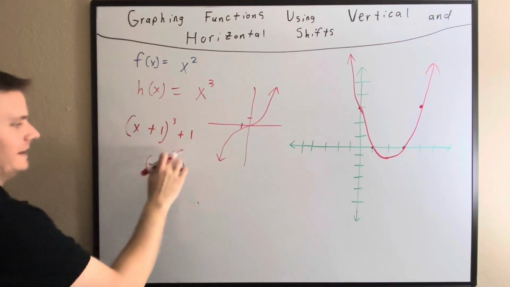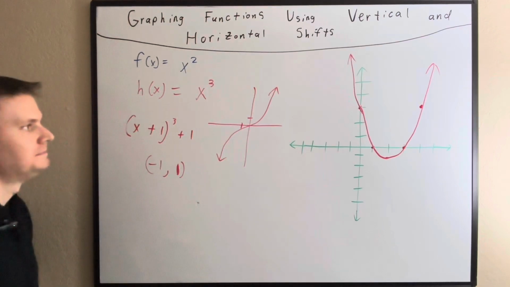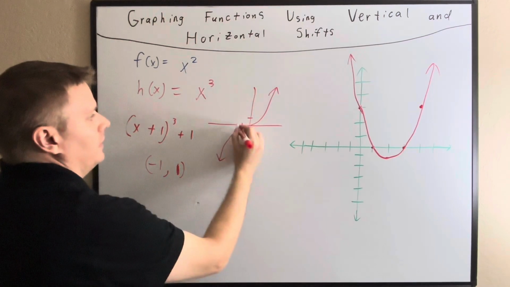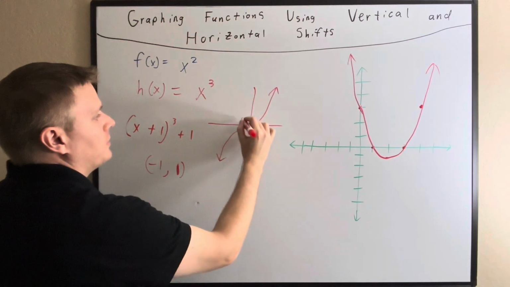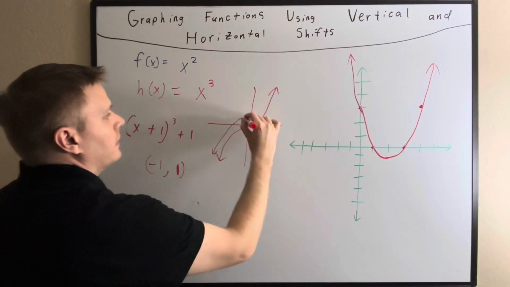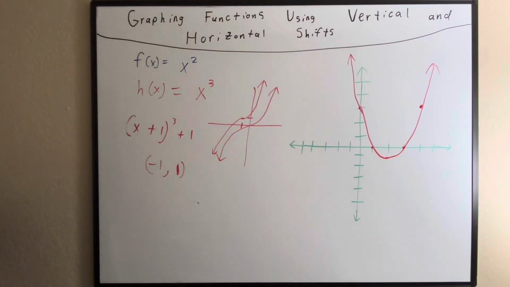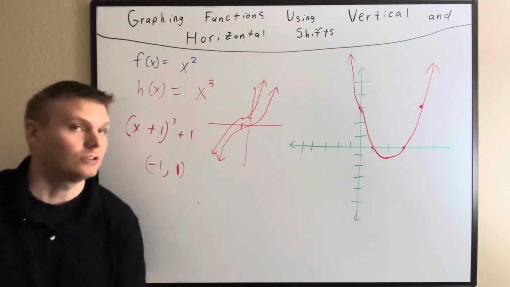Opposite, not opposite. Opposite, same. So up 1 over 1, that same origin point does the same thing both directions. And that is how you graph using vertical and horizontal shifts.